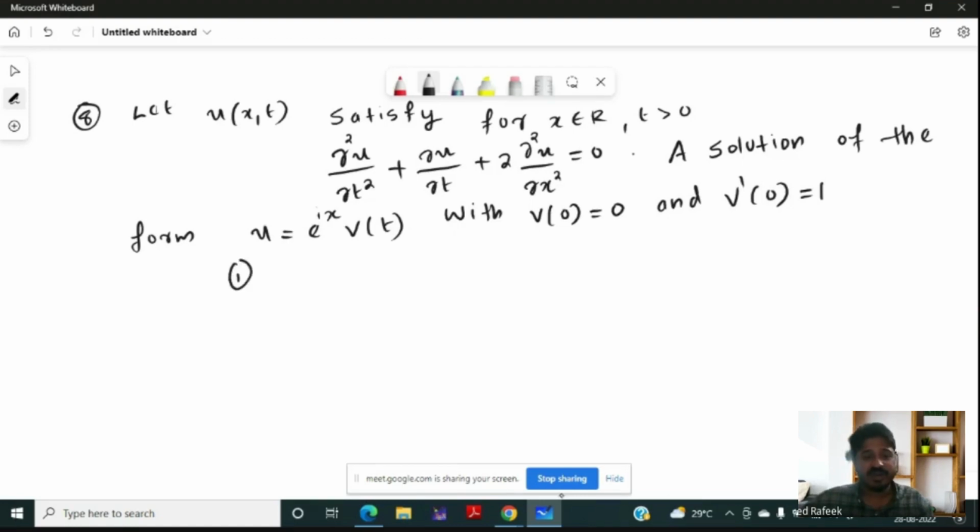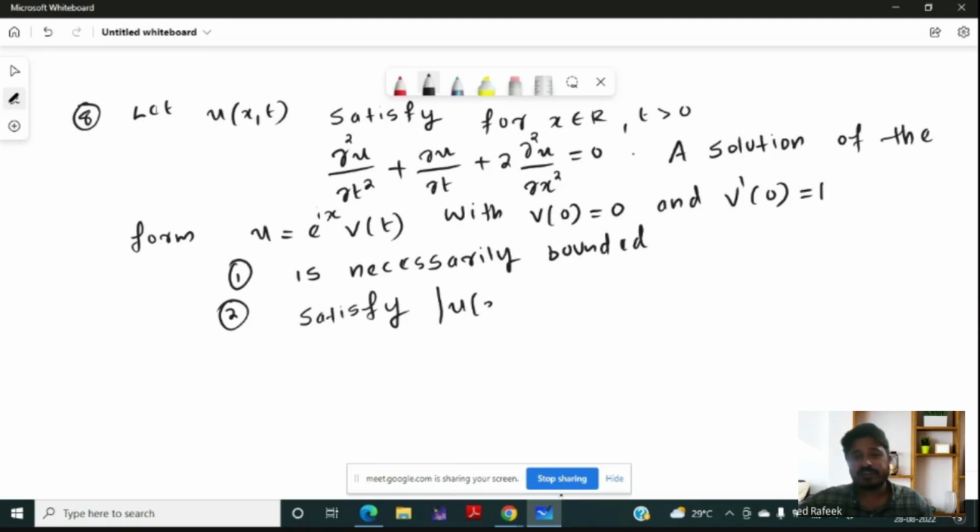Option 1: u is necessarily bounded. Option 2: u satisfies modulus of u of x comma t less than e raised to t.